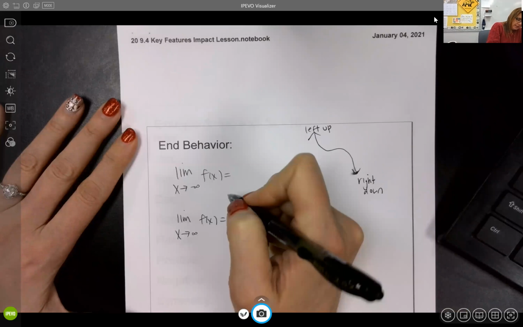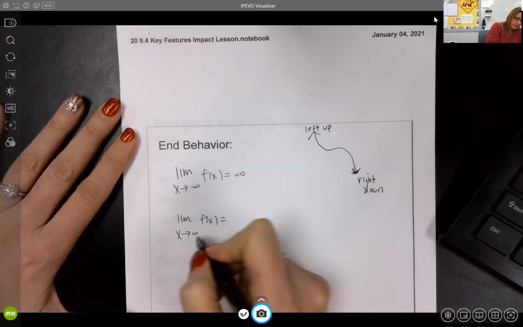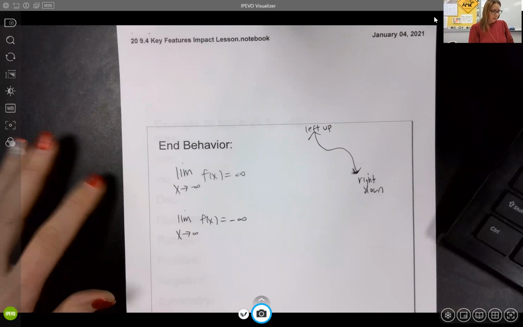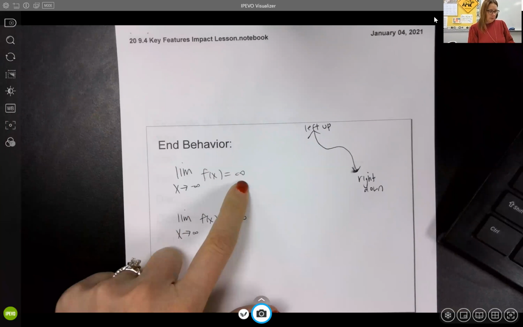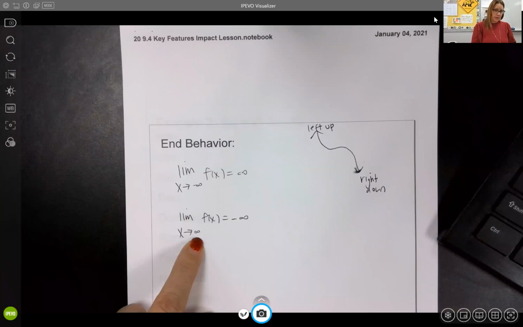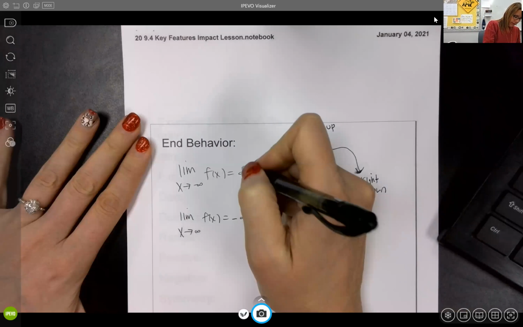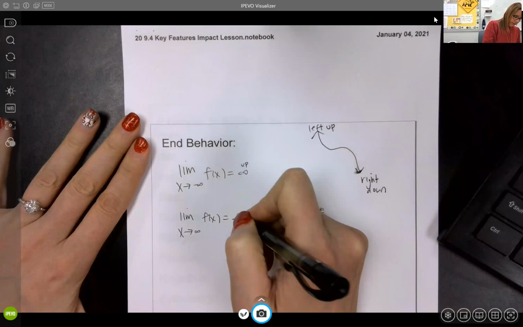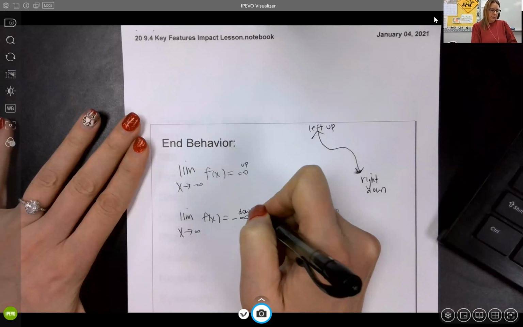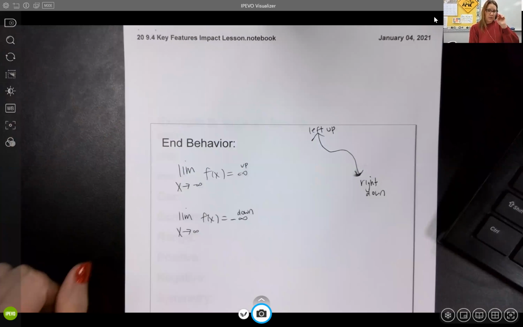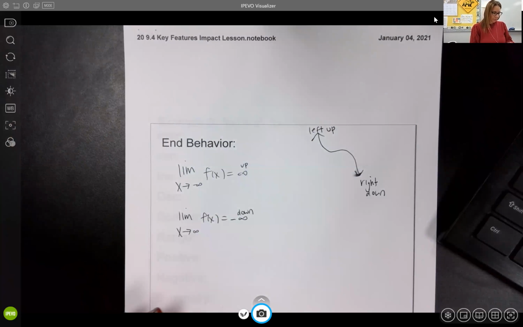So left side is up, right side is down. Left, up, right, down. Okay, so here this is my up, and this is my down. So I could see the left and the right is up and down. So that's how we're going to write our end behavior.